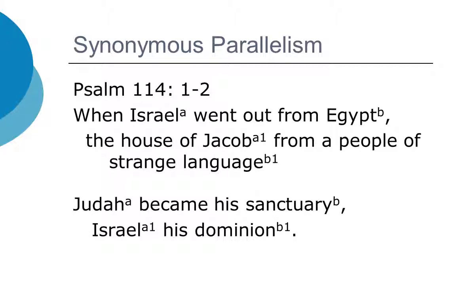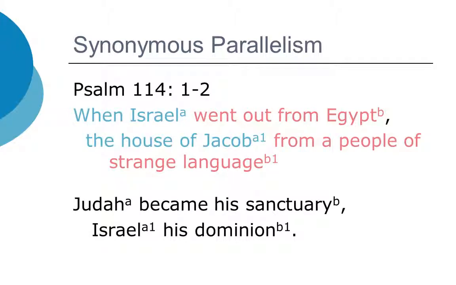And you'll see how these lines parallel one another. When Israel, the house of Jacob, went out of Egypt, parallels from a people of strange language. And then we see the same in the next verse.